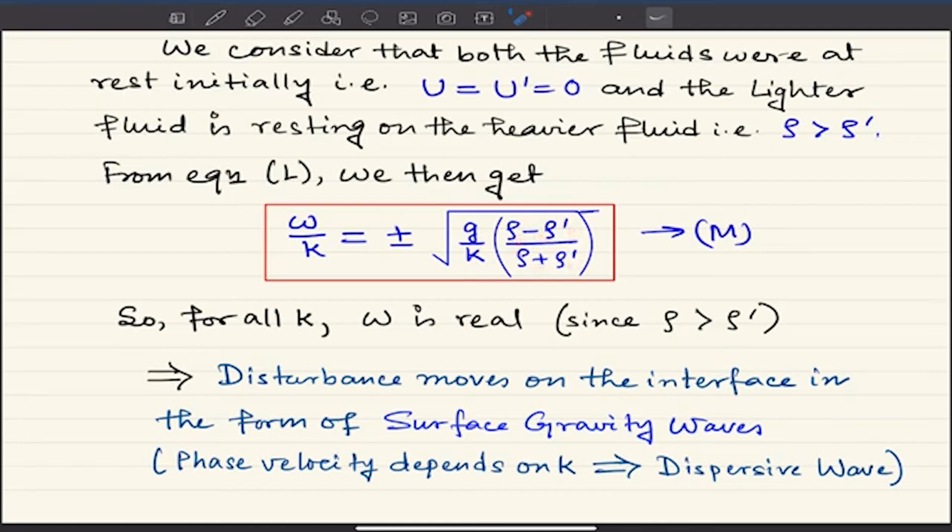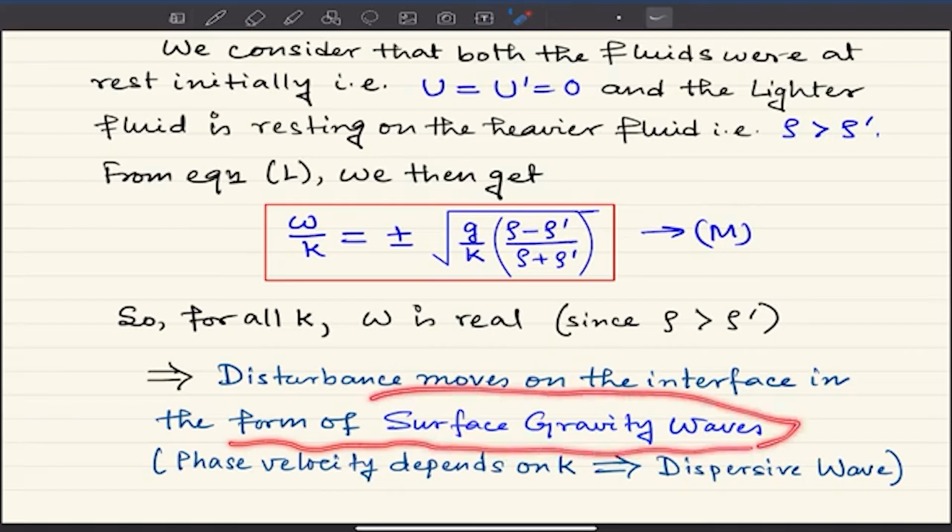Finally, you can see that the phase velocity of the mode is just this. For all k, we don't care what the value of k is, omega is always real, since rho is greater than rho prime. Now it simply says that the disturbance in this case moves on the interface in the form of a linear wave mode, which is called the surface gravity wave.